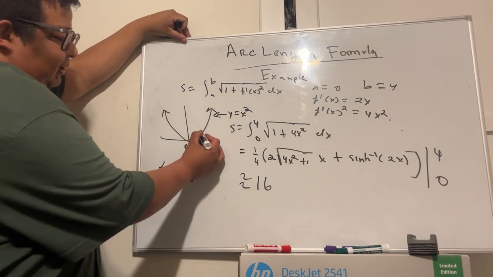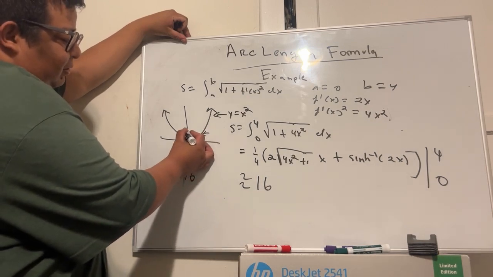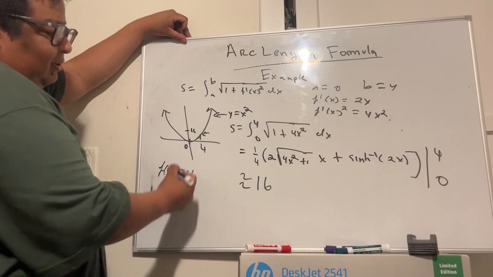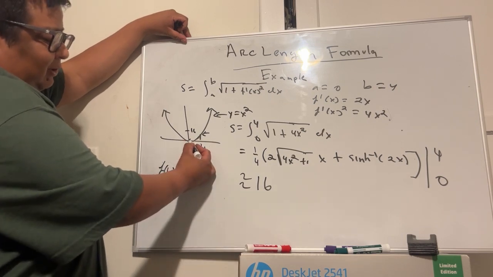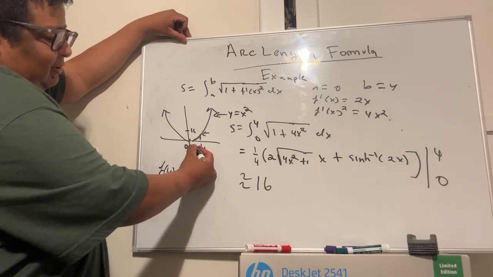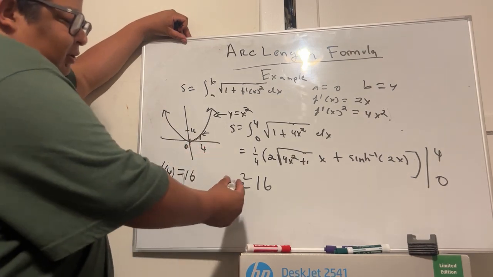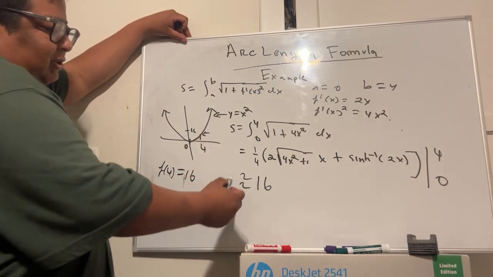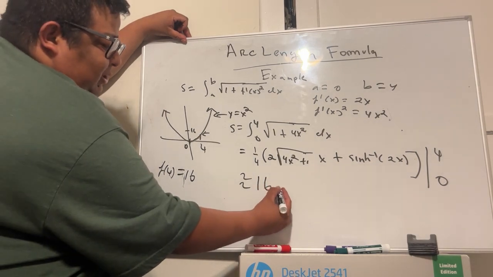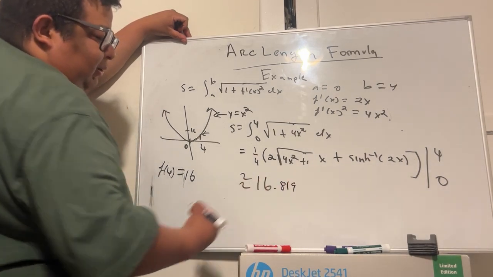So the function here is 16. And it makes sense because look, if I trace a straight line, it's almost like 16. So we're on that range. So I think this is 16.819.